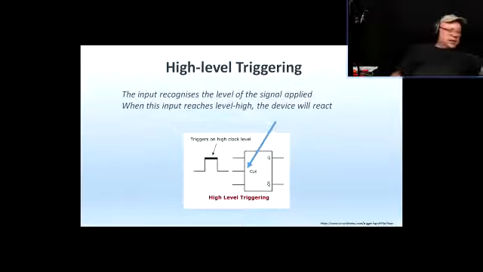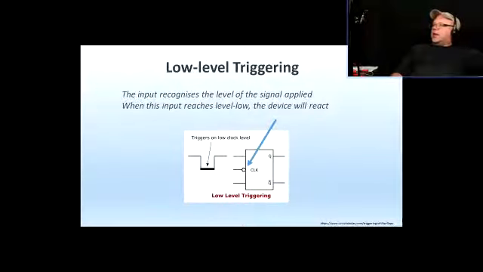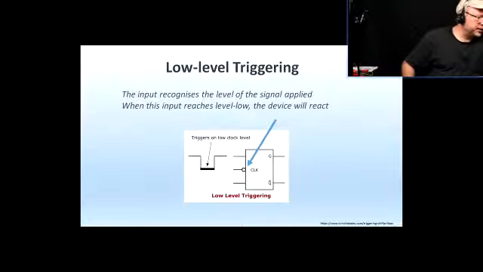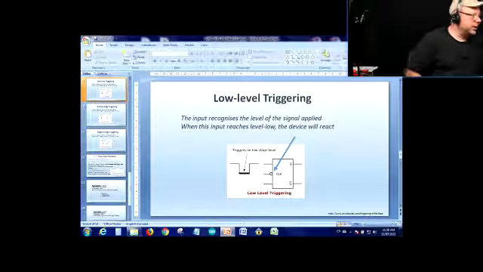Then the negative level. Here we have a bubble, so that means the device is active when this input is low. Can't see the triangle. Is it because of the quality of the transmission? Let me zoom in here.